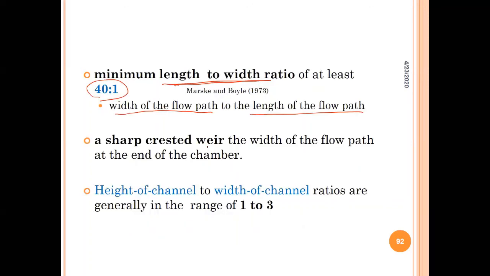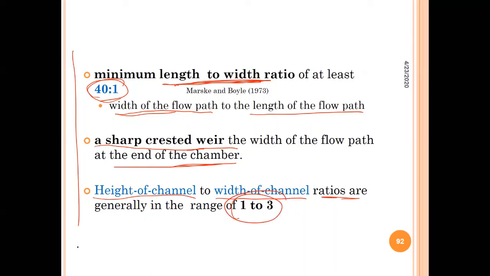So the length to width ratio is at least 40:1. They also provide a sharp crested weir at the end of the chamber to avoid mixing. The height of channel to width of channel ratio is usually 1:3.